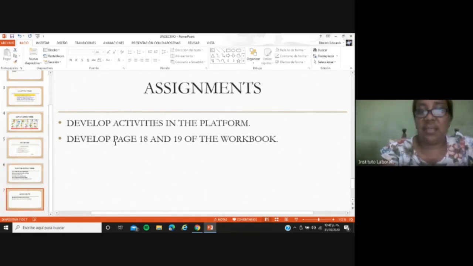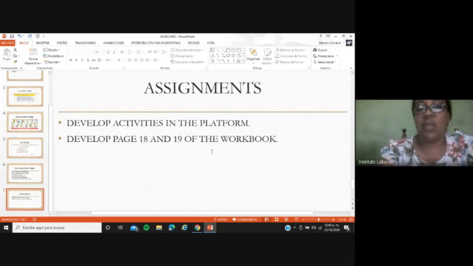Now we have the last part, that is the assignments. You have to search the platform. There you're going to see the activity that you have to do. And we have pages 18 and 19 that we just did now, lo que acabamos de resolver ahorita, ¿verdad? Donde vimos las acciones, las imágenes y hicimos oraciones utilizando los pronombres personales.